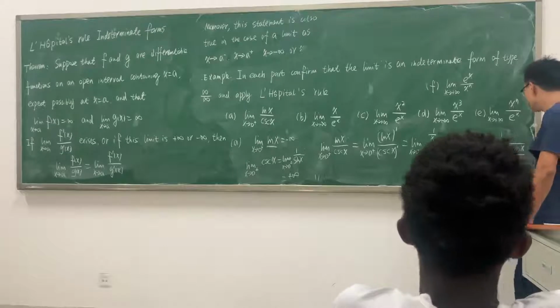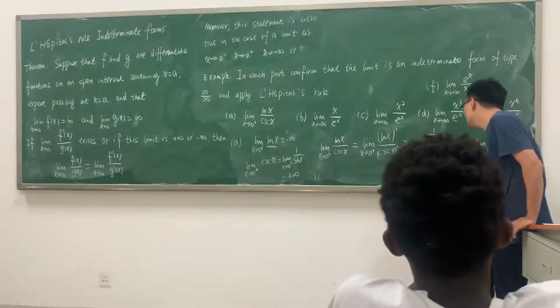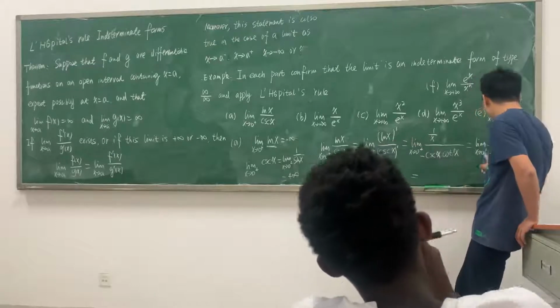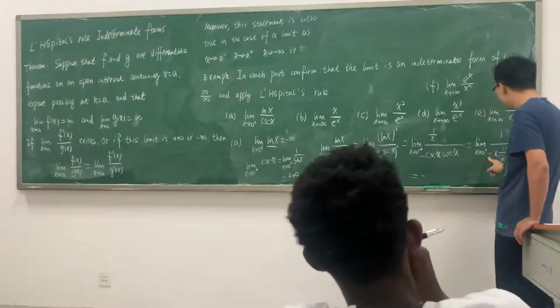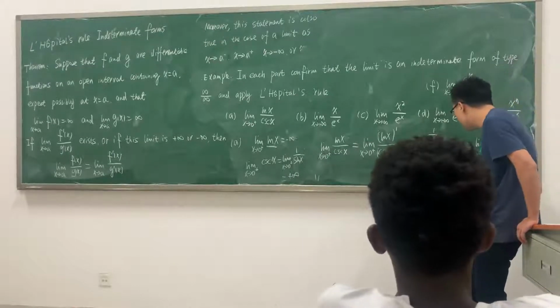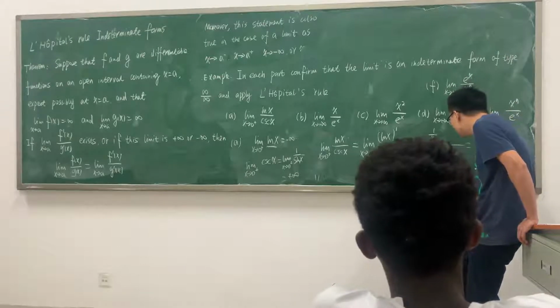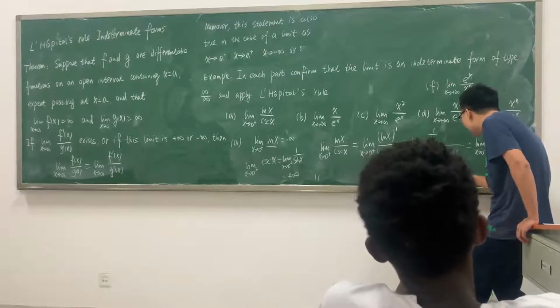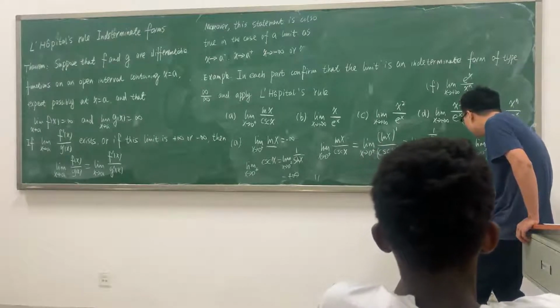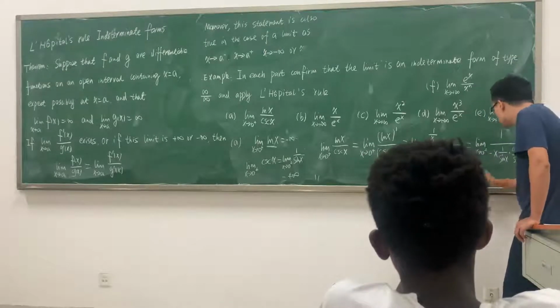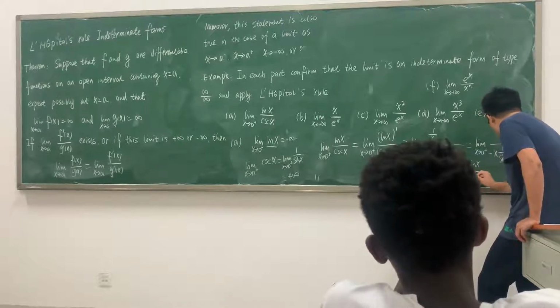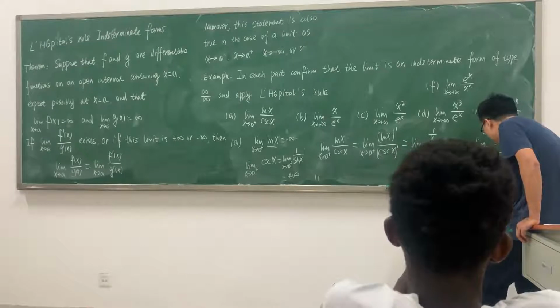So we get minus the limit of sin x divided by x times sin x divided by cosine x.